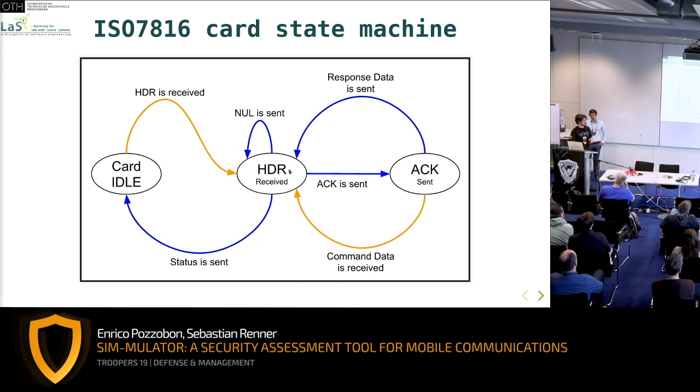Then when it decides that the command has to be executed, it sends an acknowledgement. Then the data is transferred in either direction, from the SIM to the modem or from the modem to the SIM. After the data is transferred, the smart card can buy some more time to finalize the command by sending more null bytes, and then it goes back to being idle.